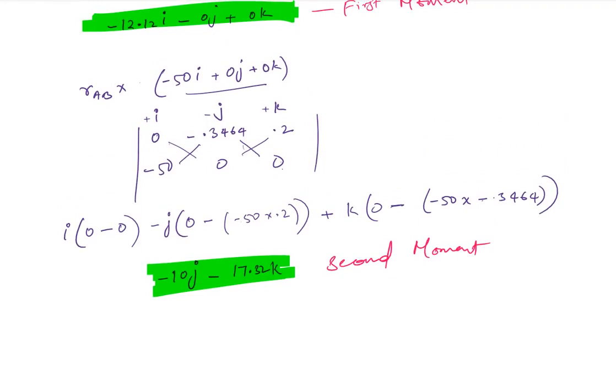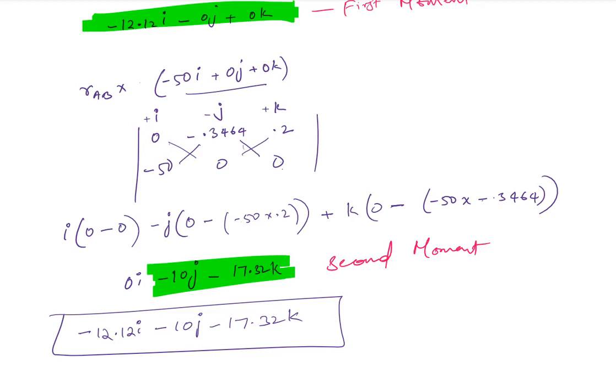Here I'll write 0i for completion. Adding these two together, you have minus 12.12i. Then add the j's together, so minus 10j, and add the k's together, minus 17.32k. That's our final resultant moment.